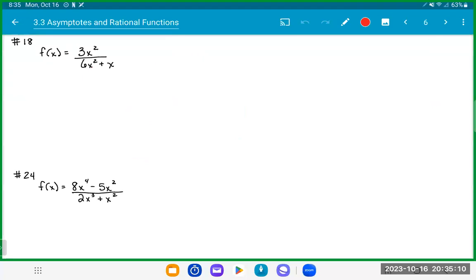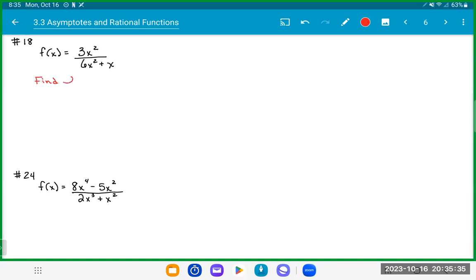Okay, so now let's look at some examples with the horizontal asymptote. So for this one, in college algebra or in pre-calc one, we had some rules about the degree of the numerator and denominator, and that sort of stuff. In calculus, what we do is we find the limit.